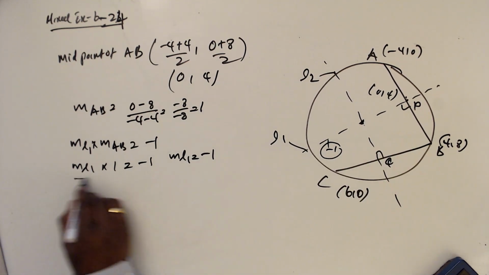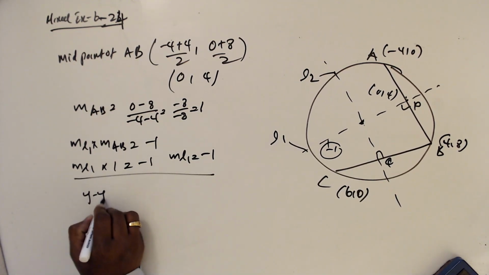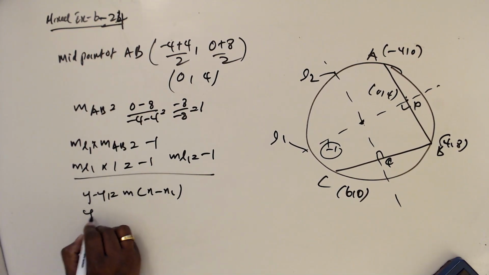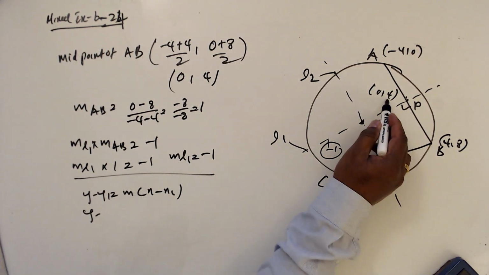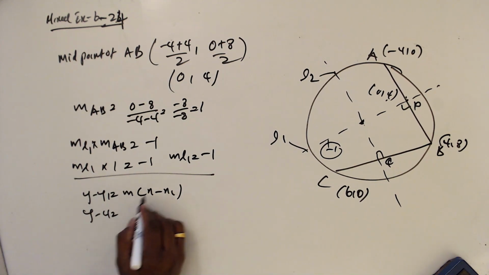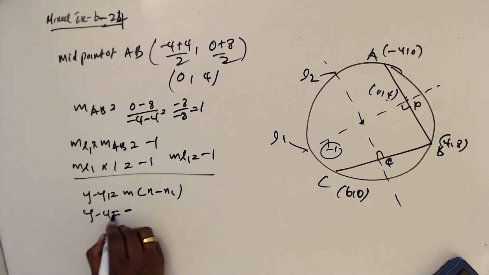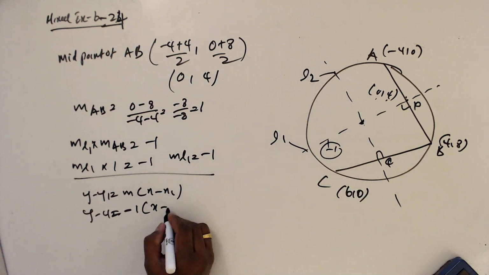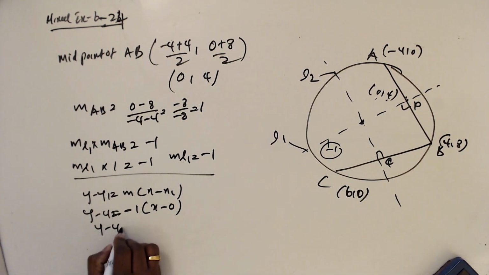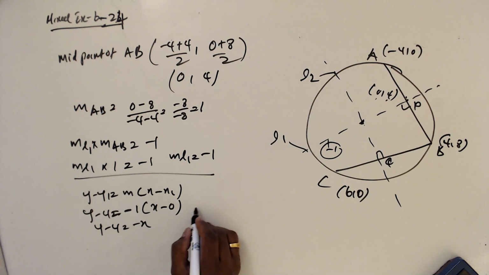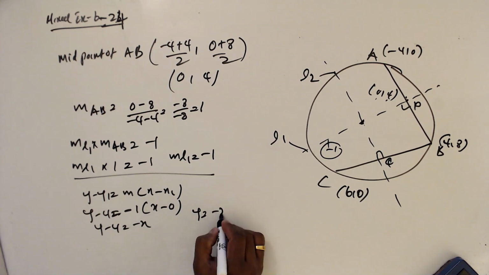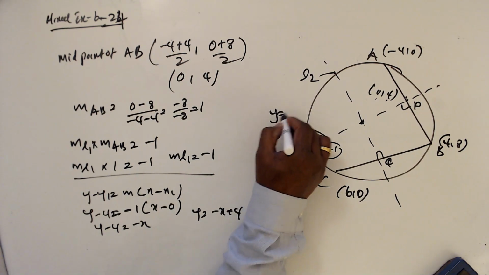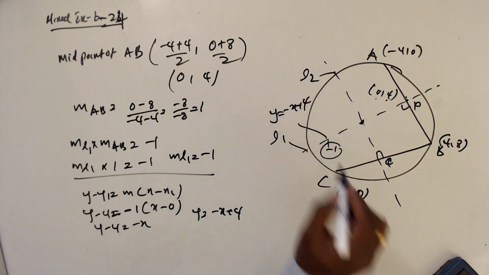Now I am going to write the equation. y minus y1 equals m times x minus x1. y minus y1 is y minus 4, m is minus 1 we found, and x minus x1 is x minus 0. So y minus 4 equals minus x, y equals minus x plus 4. So this equation is y equals minus x plus 4.